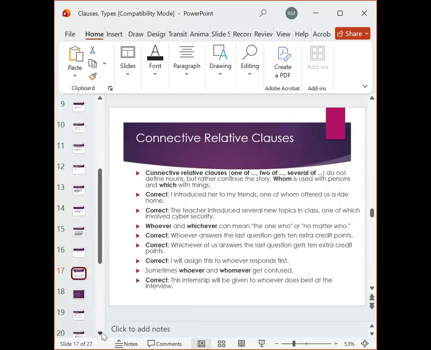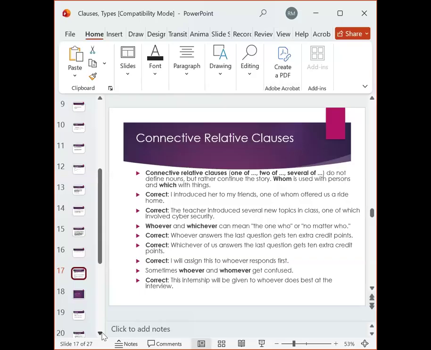Another example is: whoever answers the last question gets an extra credit point. Whoever answers the last question gets. So what it means is that the one who answers the last question right gets an extra point. And another example is whichever of us answers the question.